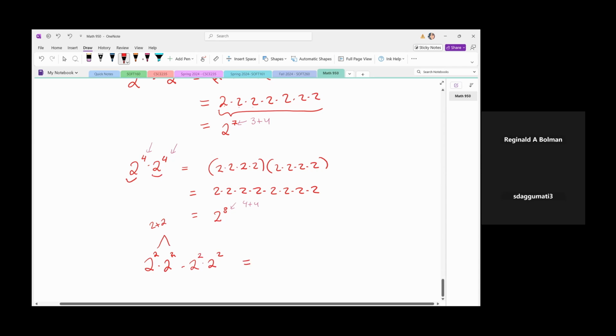But regardless, because the base of these numbers is the same, whenever we go to actually calculate what all these quantities must be equal to, all you have to do is look at the exponent and say, all right, well, this number 2 must be raised to 2 plus 2 plus 2 plus 2, or 2 plus 2 is 4, plus 2 gives you 6, plus 2 gives you 8. So we would have 2 raised to the 8th power.